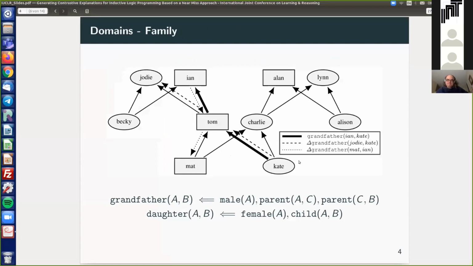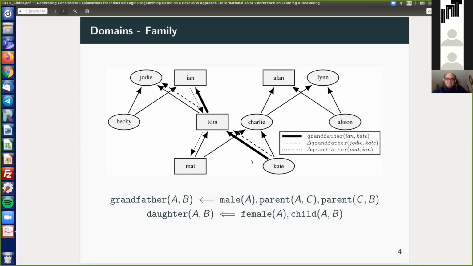Let me quickly go over a few domains that I want to show you. There's a typical family relation, a kinship relation, and we are interested in this positive example of a grandfather, Ian, who is the grandfather of Kate. You can see the models that might have been learned by an ILP system, and a good explanation in our case for the grandfather would be a near-miss example like Jody, who is actually the grandmother of Kate.